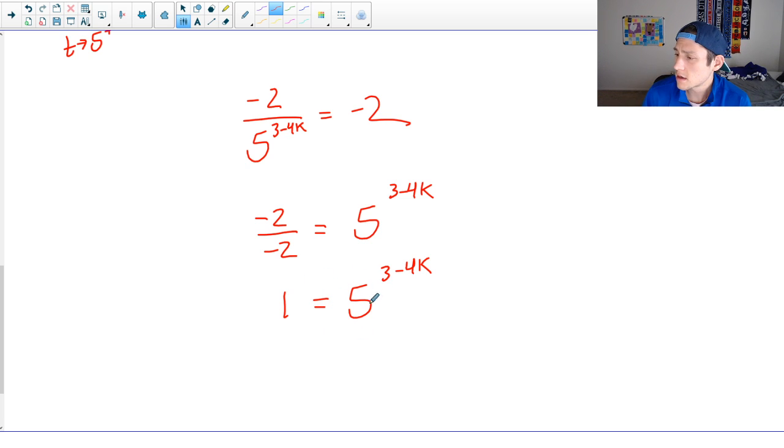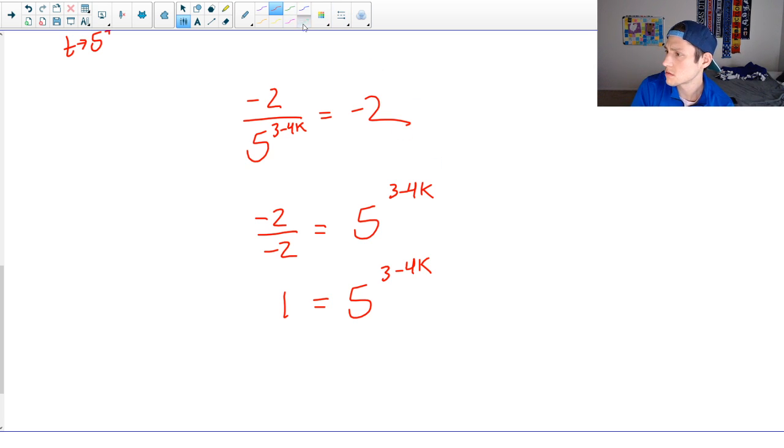Now we can consider if whatever is on this right side, 5 to the power of something, is going to equal 1. So I think to myself, what exponent is going to create 1 on the left side? So 5 to the 0 power, well, anything to the 0 power we know is just going to equal 1.